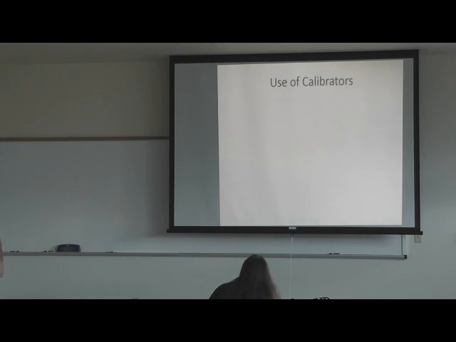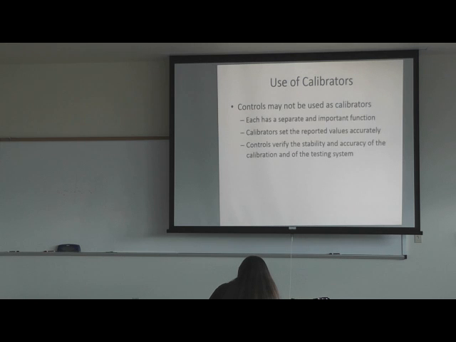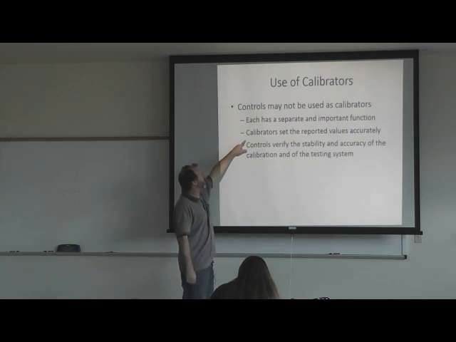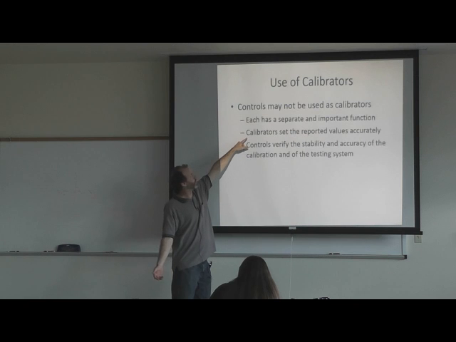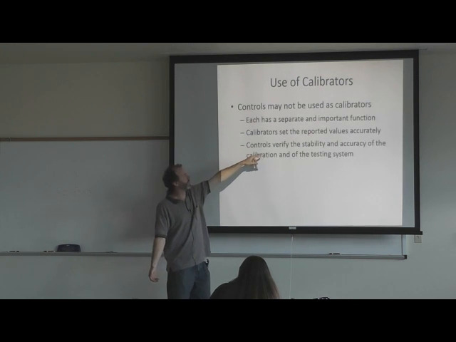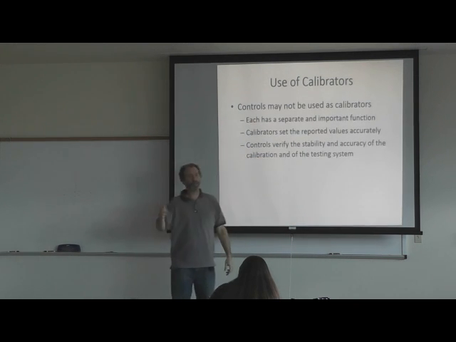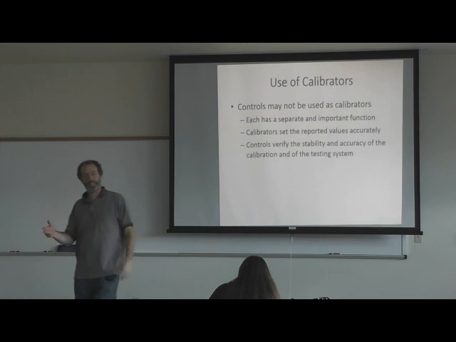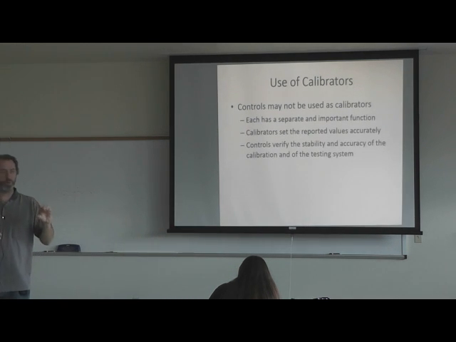Use of calibrators. Your control pools cannot be used to calibrate your instruments, right? Each has a separate and important function, controls and calibrators. Calibrators are used to set the reported value's accuracy. So you calibrate your machine with something that's known, that's been measured and certified and traceable back to the method that determined its concentration or weight.